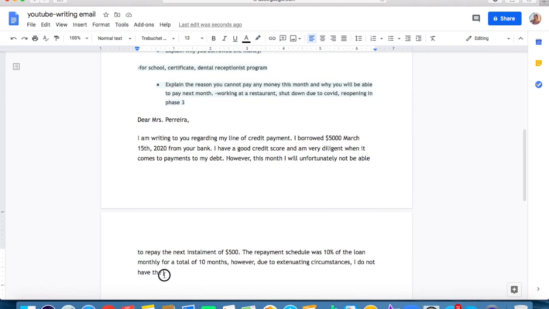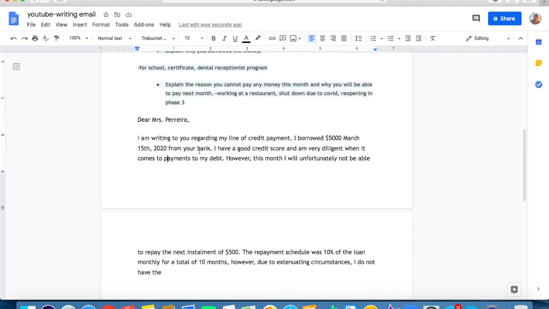Throughout this, I'm going to be checking the word count. So far, I've written: I'm writing to you regarding my line of credit payment. I borrowed $5,000 in March 2020 from your bank. I have a good credit score and I'm very diligent when it comes to repayments of my debt. However, this month I will unfortunately not be able to repay the next installment of $500.